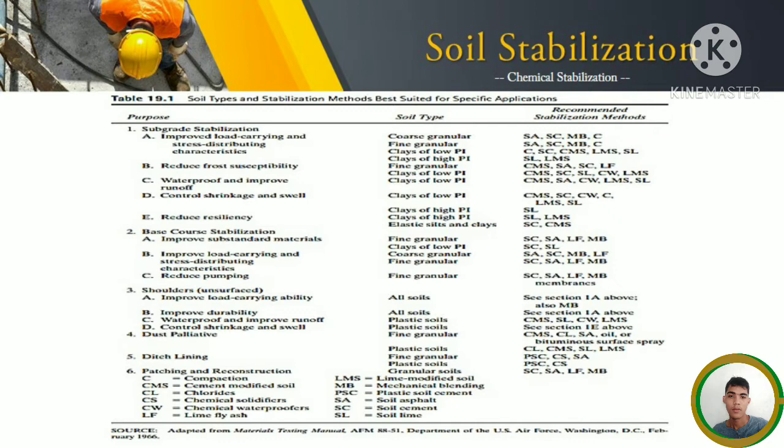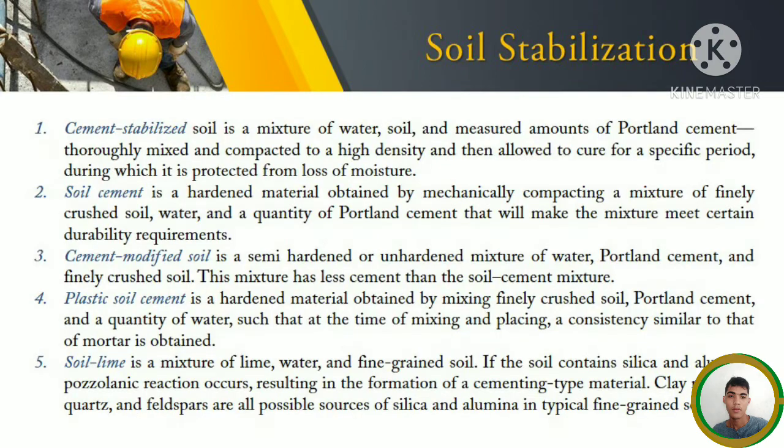So the definition of these terminologies is presented on the next slide. You can see all of that very shortly, but I want to emphasize that we should be guided accordingly by this table because this will help us to identify the best suited stabilization methods for specific soil types in order to have a safe and efficient road.